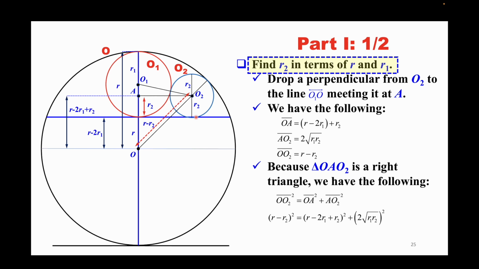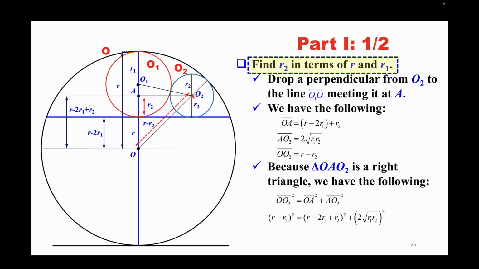So the solution to this problem is divided into two parts. This is the part 1. We have a few lengths here. This is the radius. And the radius of O1 is R1. Therefore, the diameter of O1 is 2 R1.